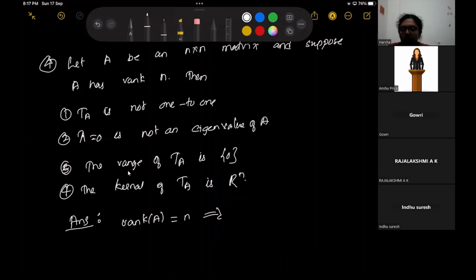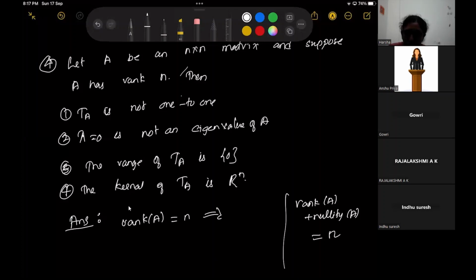How can you use the rank nullity theorem here? Rank of A plus nullity of A is equal to dimension of A. Here it is given an n by n matrix, and also rank of A equal to n. So what does this mean? What is nullity of A?